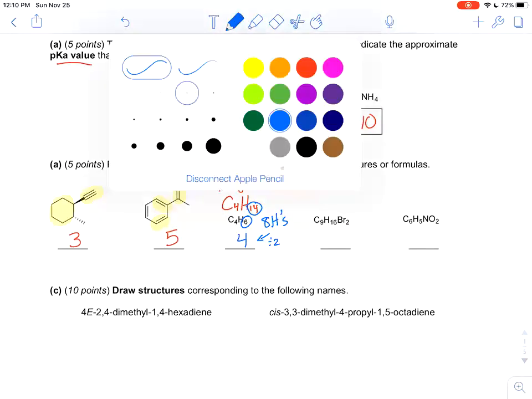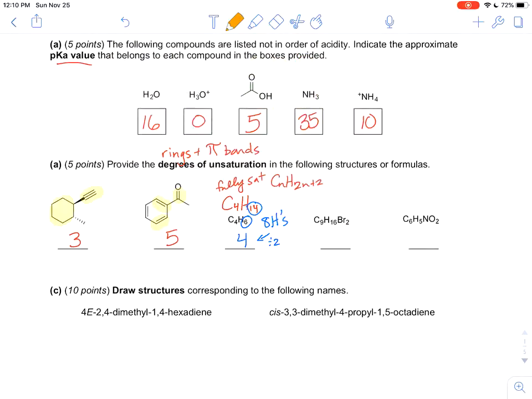For our next compound, we see that it includes a bromine. So we need to not only find the fully saturated version of a C9 compound, but we also need to find what we're calling the hydrocarbon equivalent. So if the structure had all hydrogens instead of bromines, but the same number of degrees of unsaturation, how many hydrogens would it have?